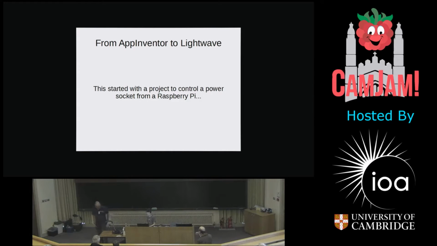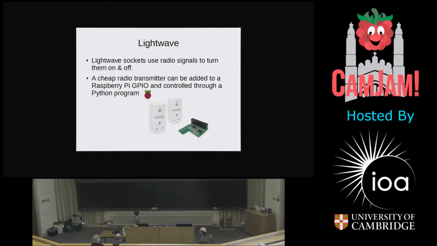Okay, so I'll be doing a talk on App Inventor to Lightwave, basically a mains socket talking over wireless or radio. This started with a project to control a power socket from the Raspberry Pi.